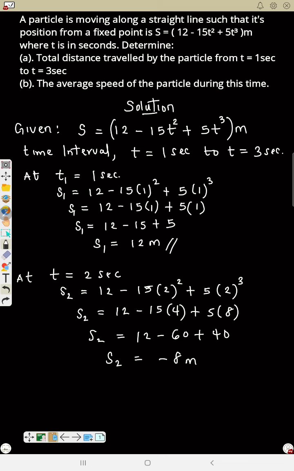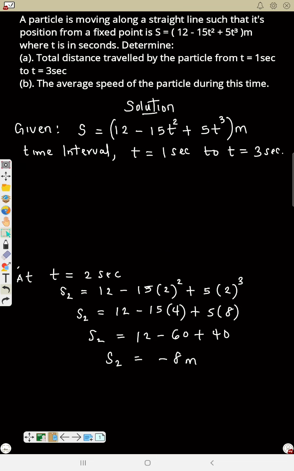Then let's do it for t = 3 seconds. Note all the positions, so we'll use them. At t = 3 seconds, s = 12 - 15(3)² + 5(3)³.